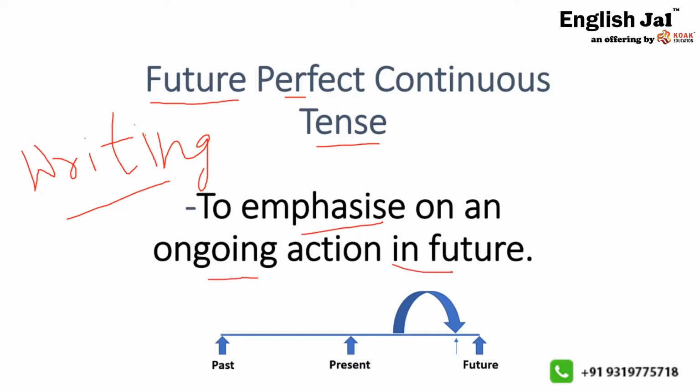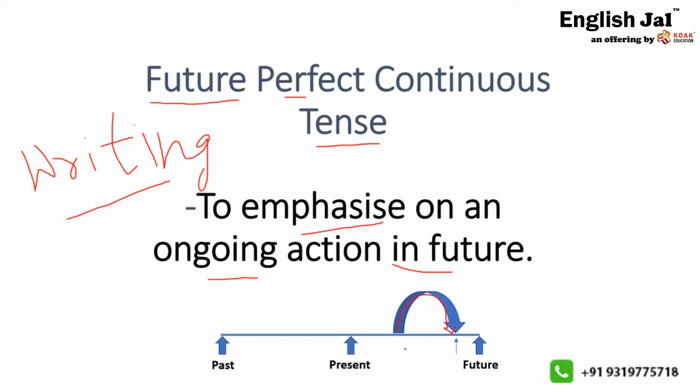Now, what do we mean by this? This timeline shows what I mean, and we are going to look at a few examples which will give us complete clarity on what we are talking about. When you see past, present, and future, this particular tense, future perfect continuous tense, is used to talk about an action that is ongoing in future.